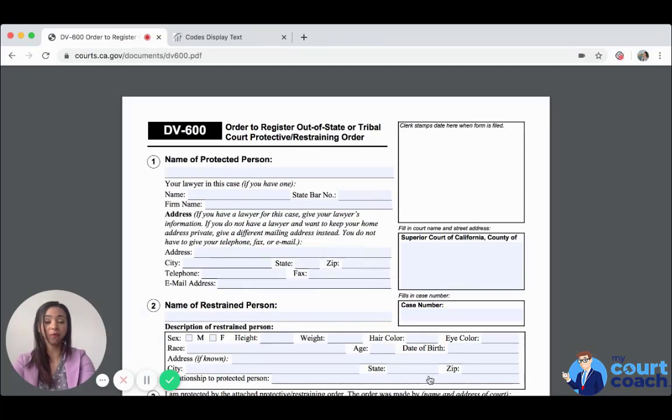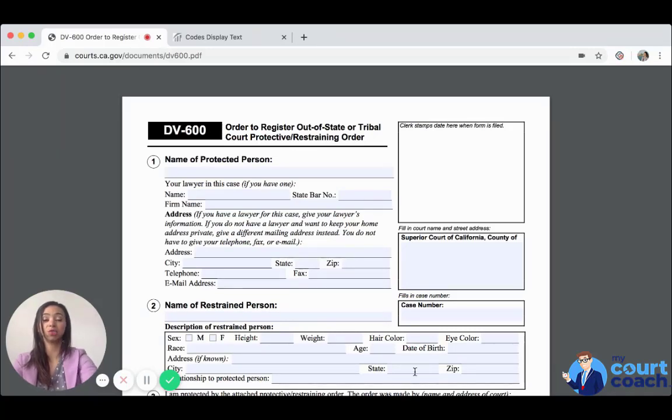But if you don't have an attorney, you can keep your address confidential. And then you could also include your telephone or email, or you don't have to. I mean, it's very optional. So name of restrained person is the person that you are seeking protection from or have protection from.